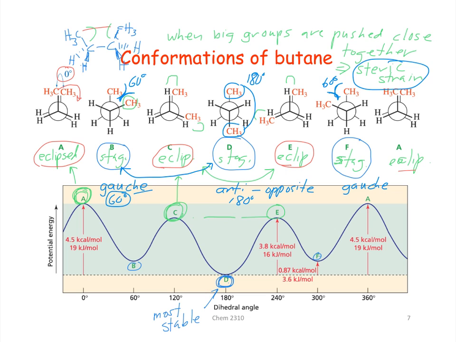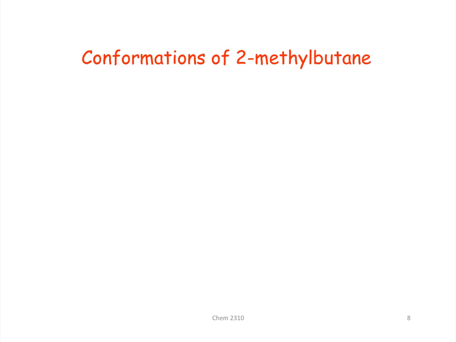As we build more complicated molecules and we want to analyze them, we may have more than one gauche interaction, or we'll have one that's staggered and one that's gauche. In general, we want to put the biggest groups, the biggest substituents, far apart.